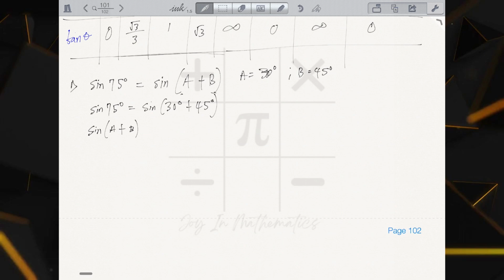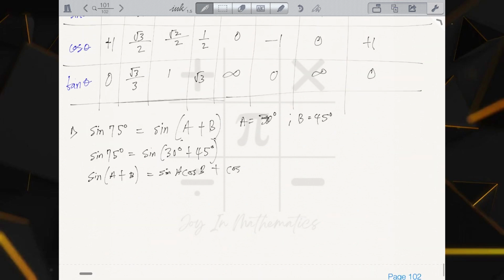So sine of 30 degrees plus 45 degrees is equivalent to sine 30 degrees multiplied by cos 45 degrees, because A is 30 and B is 45, plus cos 30 degrees multiplied by sine 45 degrees.